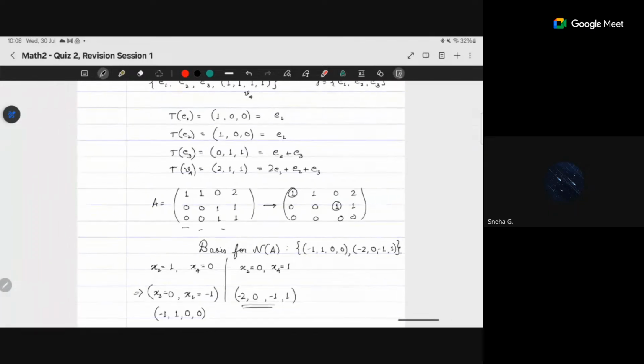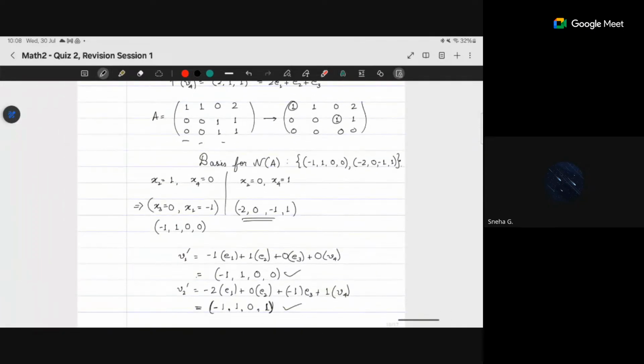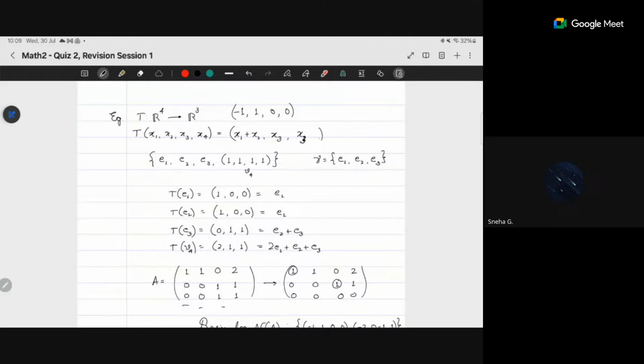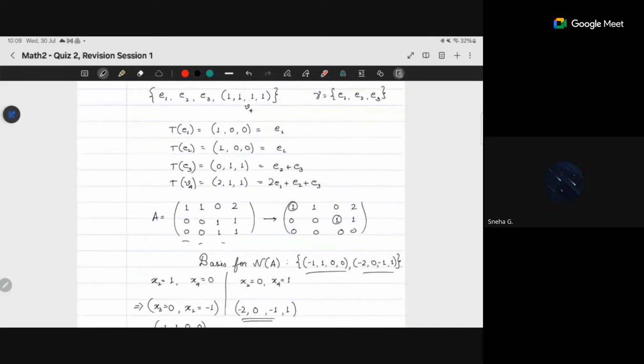So when you're doing the null space also, once you convert the data into a matrix form, from the transformation you come to a matrix using a basis. What you're working with is coordinates now, so the answers you get are also the coordinates of the vector. To recover the vector from its coordinates, you multiply the first coefficient with the first basis vector, the second coefficient with the second basis vector, and so on.